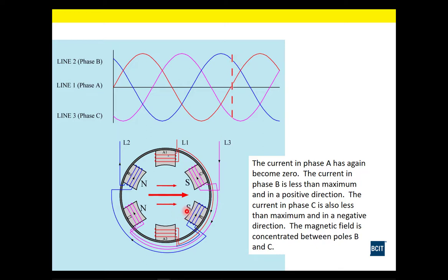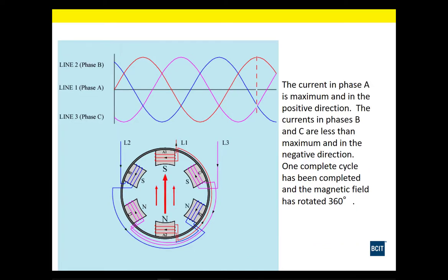Okay, so then we're going to have a south pole on B2 and a south pole on C1, and a north pole on B1 and a north pole on C2. So again, it's shifted. And then finally we are back to where we began, with the current flowing out of line 1, creating a south pole on the A1 pole and a north pole on the A2.